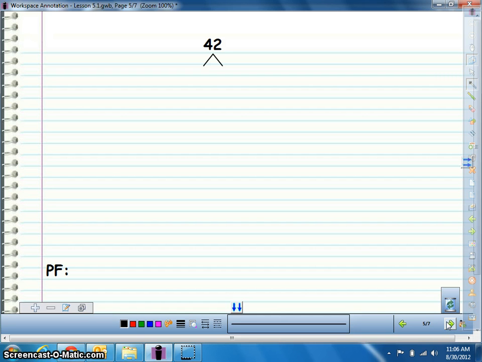42 should ring a few bells for you. For me, I know that it's an even number, so I'm going to put a 2 here. 2 times 21 is 42. I know that 2 is a prime number, so that's a dead end. But 21 is still composite because I know 21 is the same thing as 3 times 7.